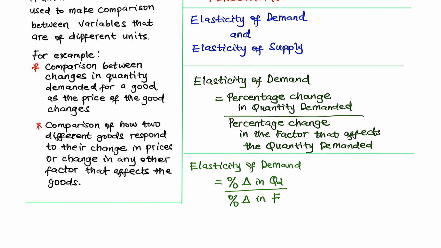So elasticity of demand is percentage change in quantity demand divided by percentage change in the factor. This simple formula of elasticity of demand covers all the formulas used to calculate the different type of elasticities of demand.